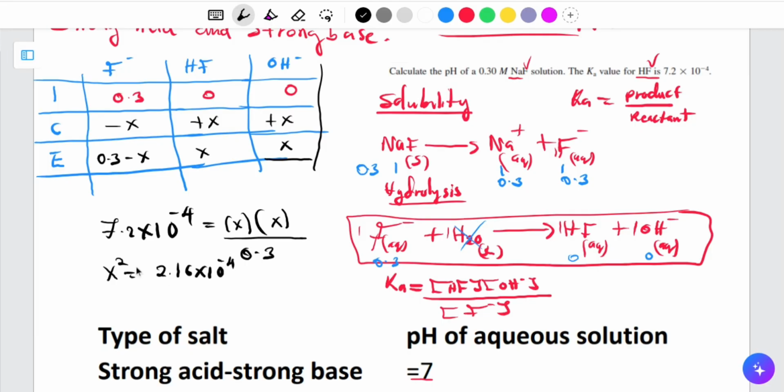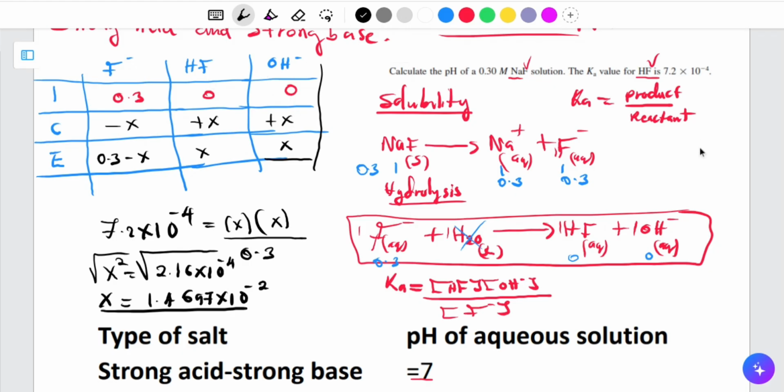And then I need to find the square root. So the square root of this one is going to be 1.467 multiplied by 10 to the power negative 2. That is the value of x. Meaning to say, this value of x is going to be the concentration of hydrogen fluoride as well as the concentration of hydroxide ion.